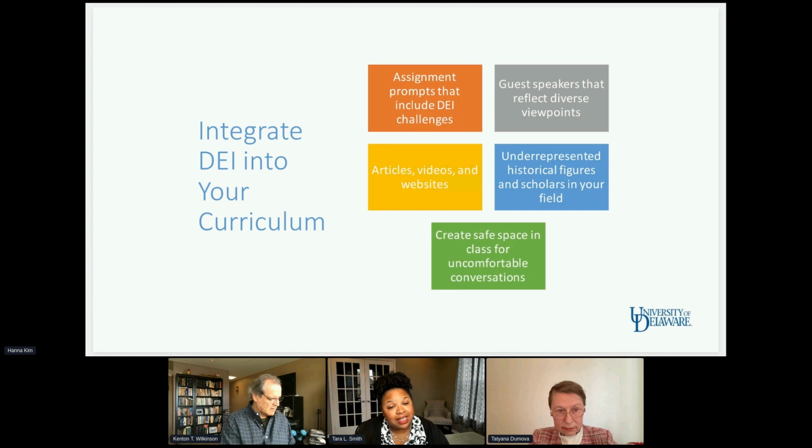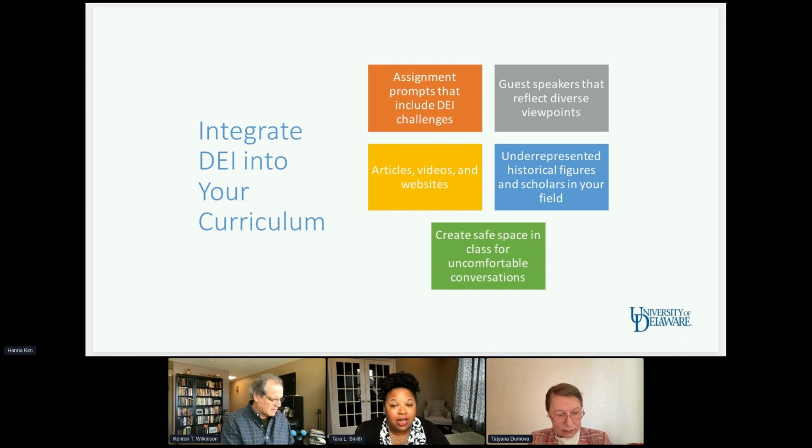And then when it comes to things like articles, videos, websites, anything you're assigning for your students to review, make sure that those are coming from diverse viewpoints too, from both sides of political discourse, and multiple ethnicities and gender and sexual orientation. So think about every time you're looking through your syllabus and everything you have assigned, is it all coming from one viewpoint?